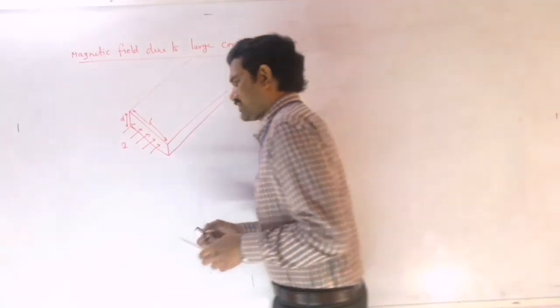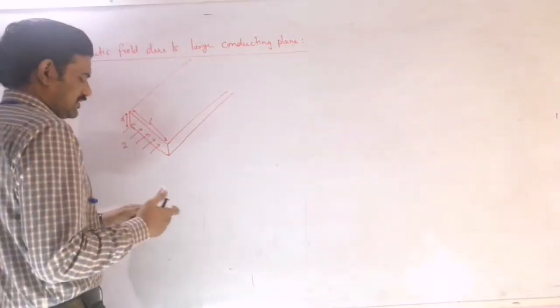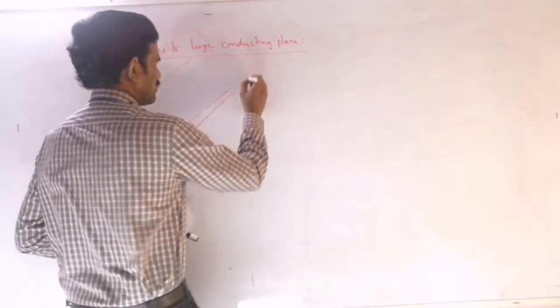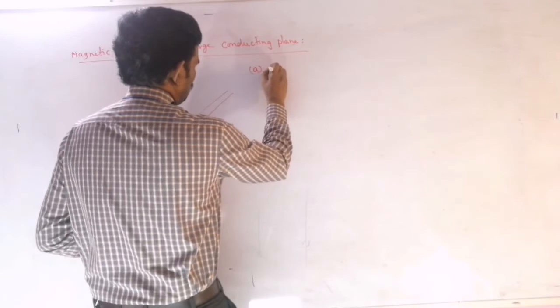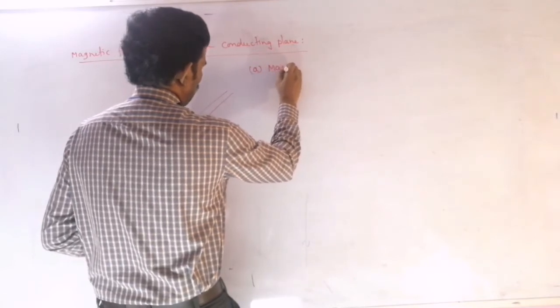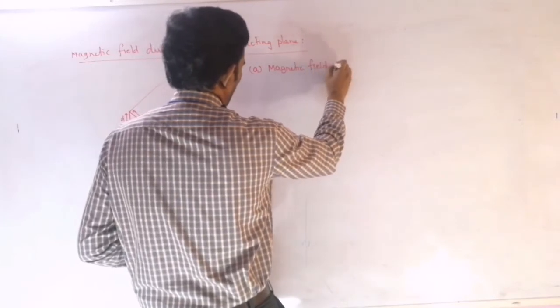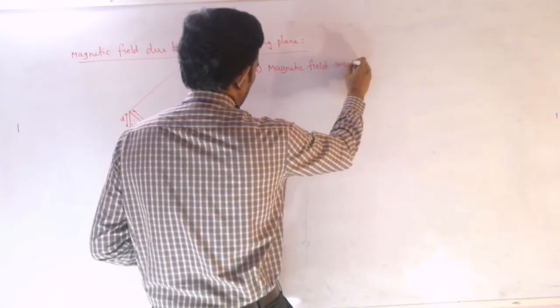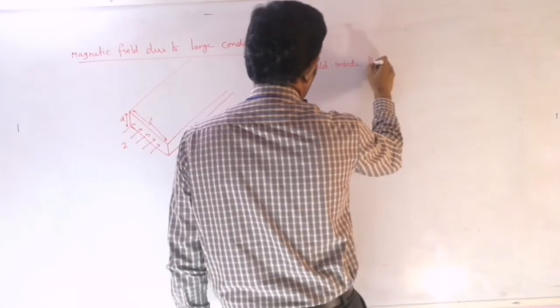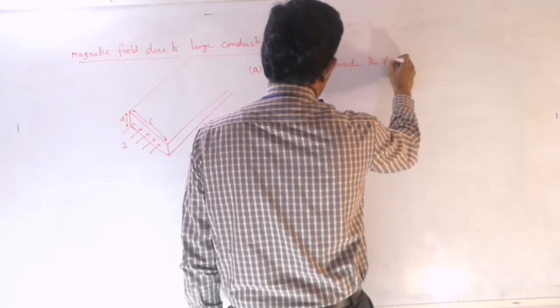And now first let us see the magnetic field inside the conducting plane. Let us calculate it here. Magnetic field inside the plane.